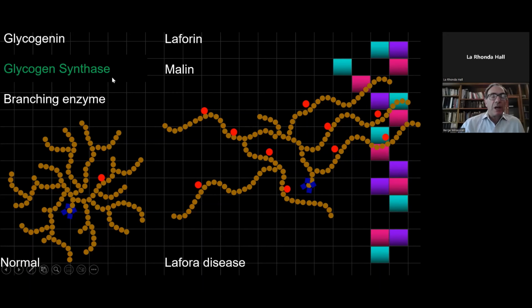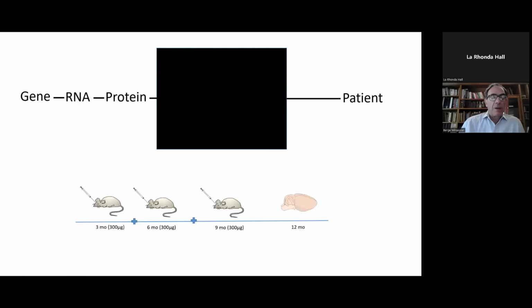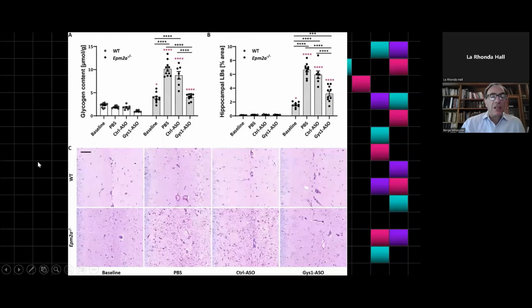So what if we downregulate glycogen synthase? Can we help Lafora disease? That's what we did here. We used an antisense oligonucleotide against the RNA of glycogen synthase, and we injected that in mice to downregulate glycogen synthase and see what happens. Indeed, the abnormal glycogen accumulation normalizes, as you see here.